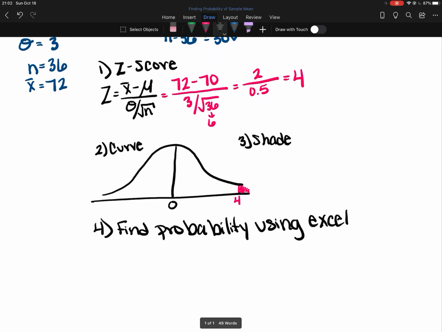The name of the function in Excel, always start with an equal sign, norm.dist. My computer won't wake up, there we go. Whoopsies.